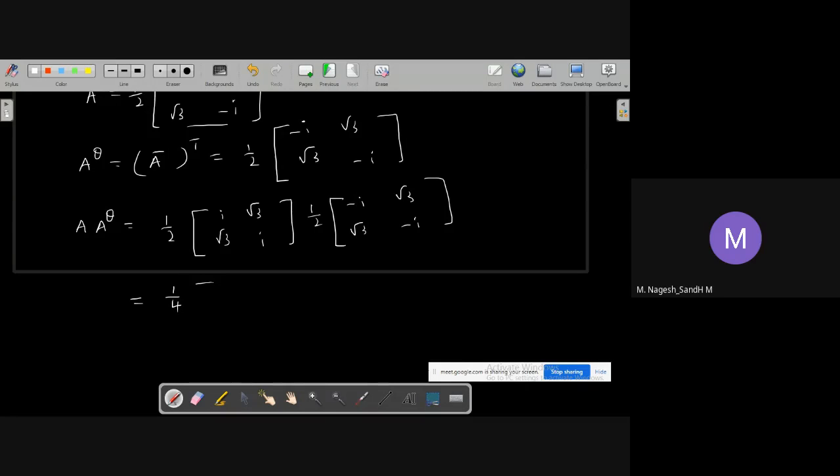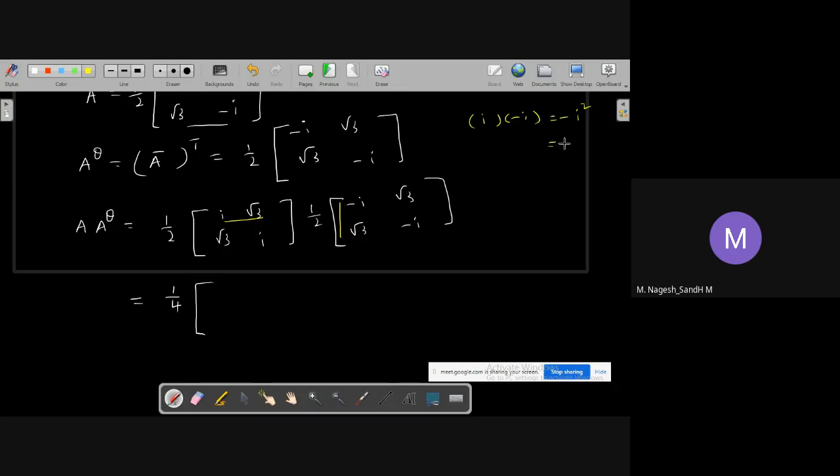Now matrix multiplication, row into column: I into minus I. What is its value? Can anyone? One. If anybody doesn't know, learn from here. I into minus I, first it will be minus I square.